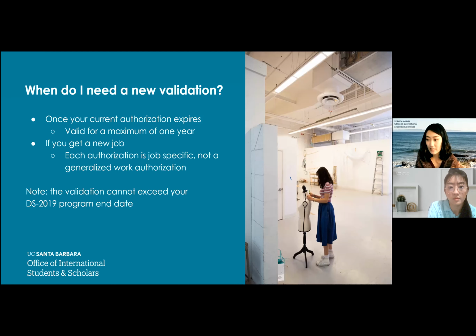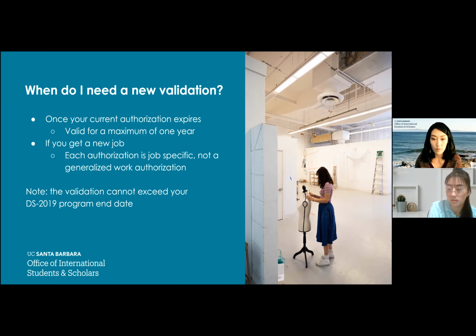When do I need a new validation? Once your current validation expires is the one answer, and validations can be approved for a maximum of 1 year. If you get a new job, that's another reason you might need a new validation. Each authorization is job specific. It's not a generalized work authorization.